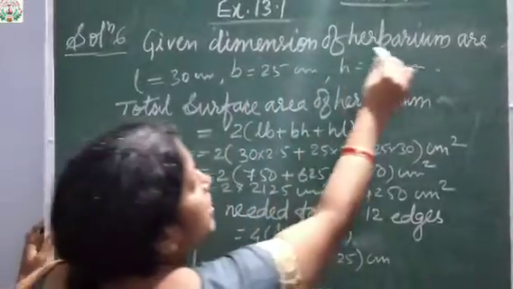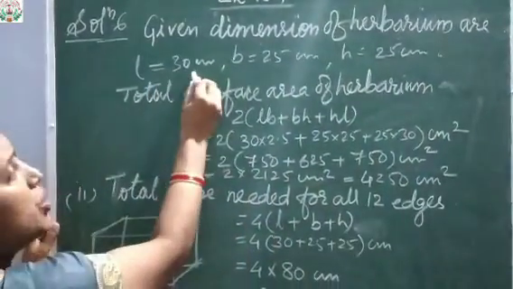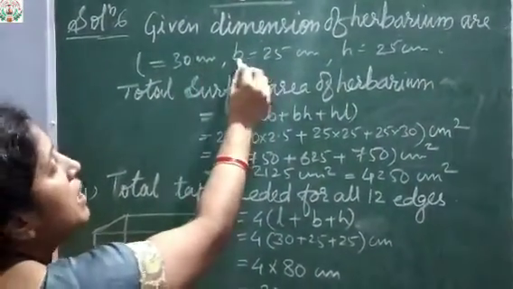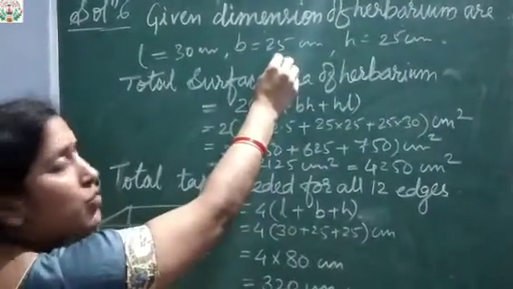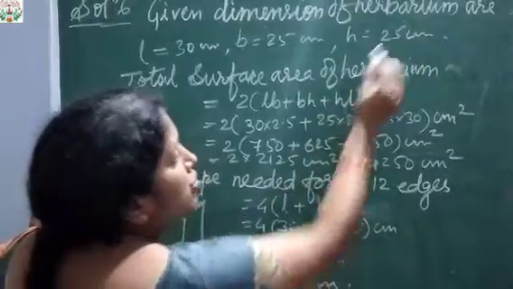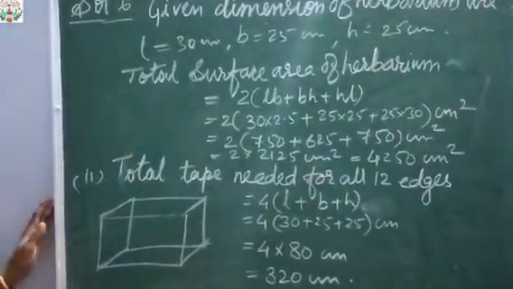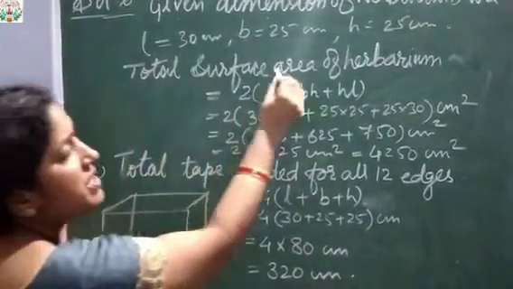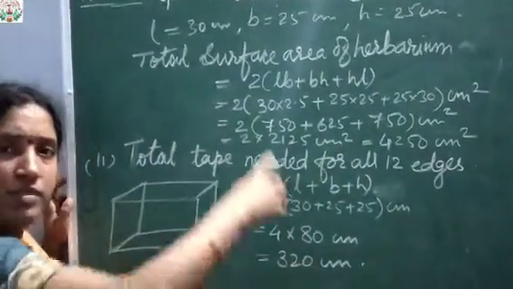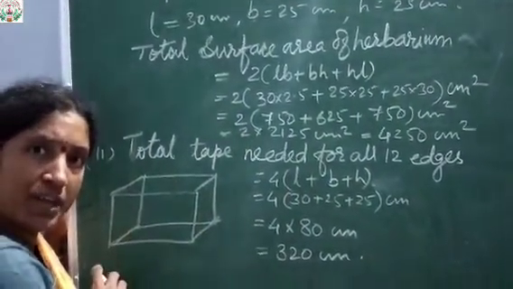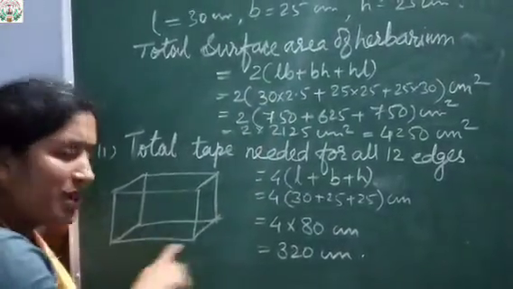Given dimensions of the herbarium are: L is 30 cm, breadth or width is 25 cm and H equals 25 cm. Then the total surface area of the herbarium: because all the sides are covered with glass, we will take the total surface area of a cuboid, because the herbarium is cuboidal in shape.